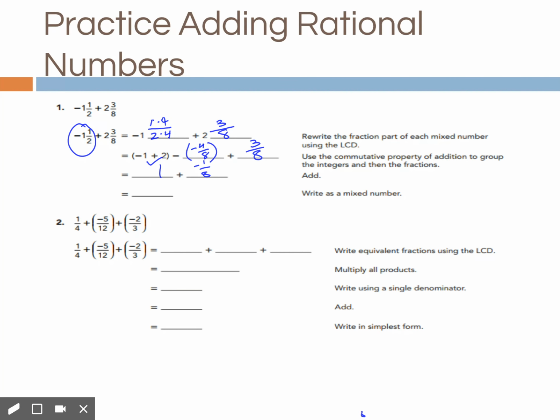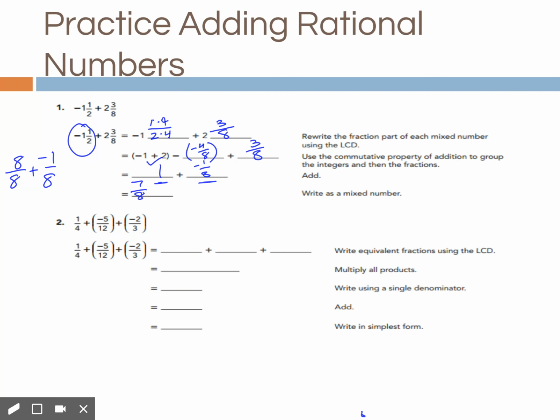So 1 plus a negative 1/8, I need to convert 1 into 8/8 plus a negative 1/8 to get my actual answer. Because again, I can't just add a positive 1 to a negative 1/8 and put a negative 1 1/8. That wouldn't be true. So I have 8/8 plus a negative 1/8, which is actually going to leave me with the answer of 7/8 here.